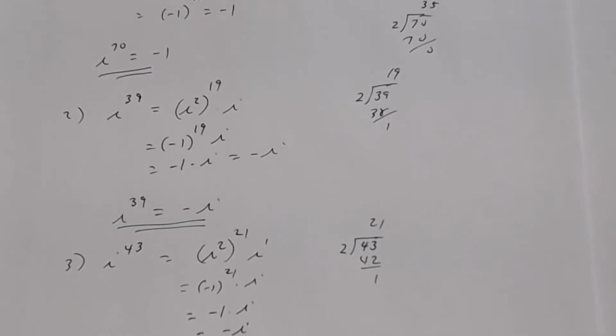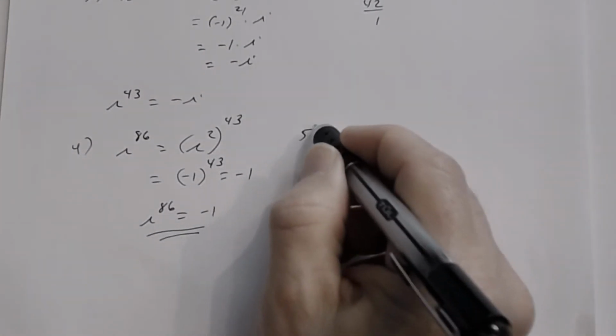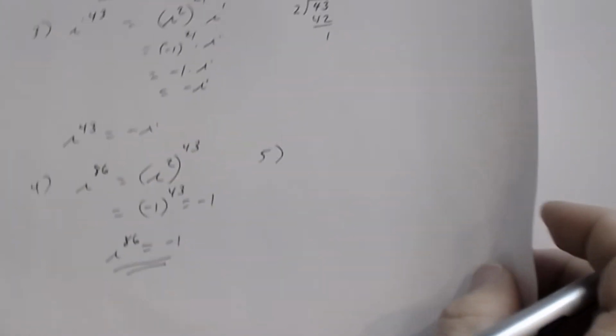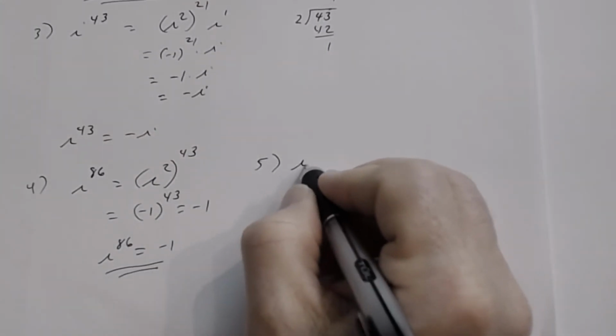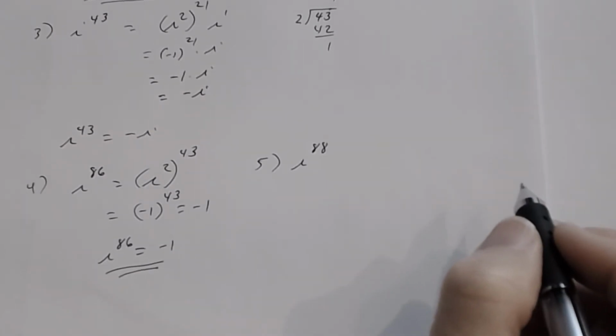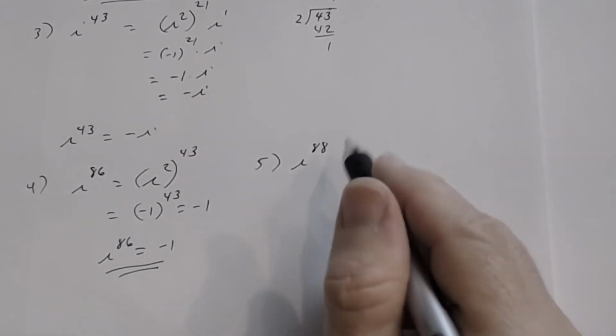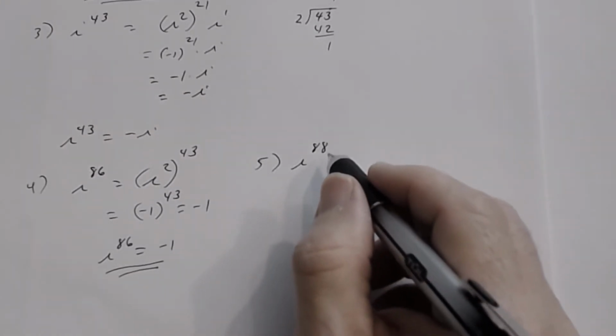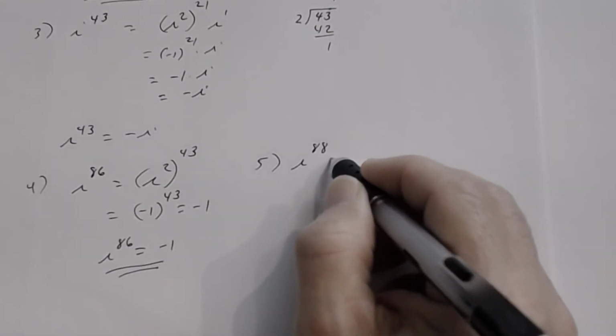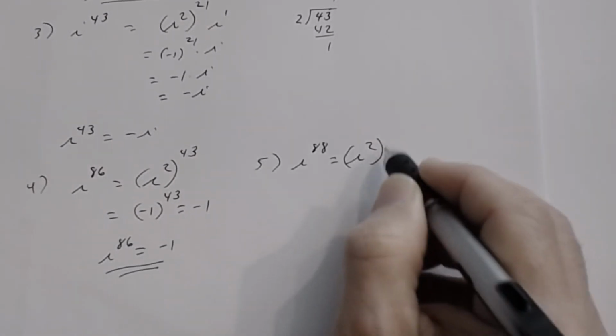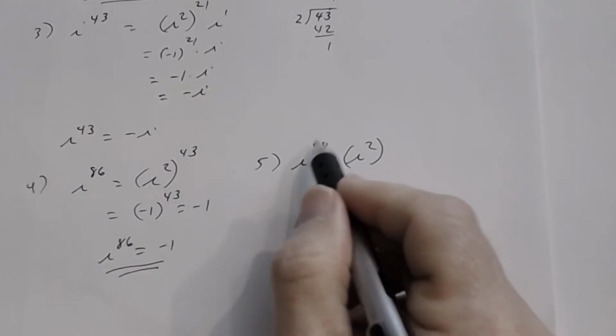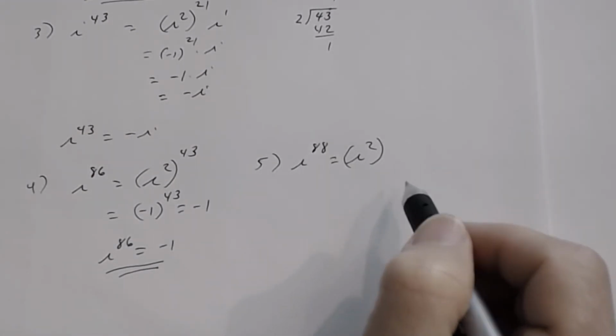All right, let's look at number 5 for a moment. Suppose at number 5 I had i to the 88th power. Let's think about that. I'm going to get i squared raised to a power. Since 88 is even, I'm not going to have an extra i there.